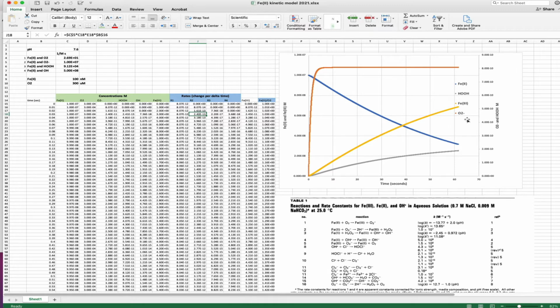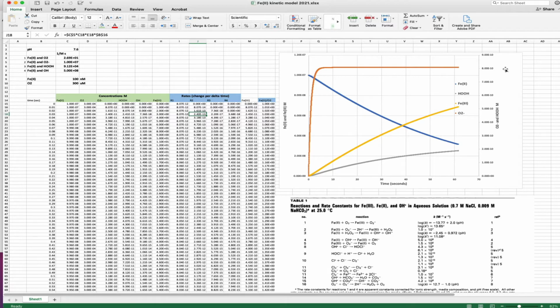Now let's look at the intermediates, and the intermediates we'll want to pay attention to are the superoxide concentration. Notice superoxide starts at 0, and as you start doing reaction 1, you're making superoxide, so it goes screaming up. Then at about 5 seconds into the reaction, so 50 steps in my sequence, the superoxide concentration reaches steady state, and the steady state concentration it reaches is 8 times 10 to the minus 10, or 0.8 nanomolar.